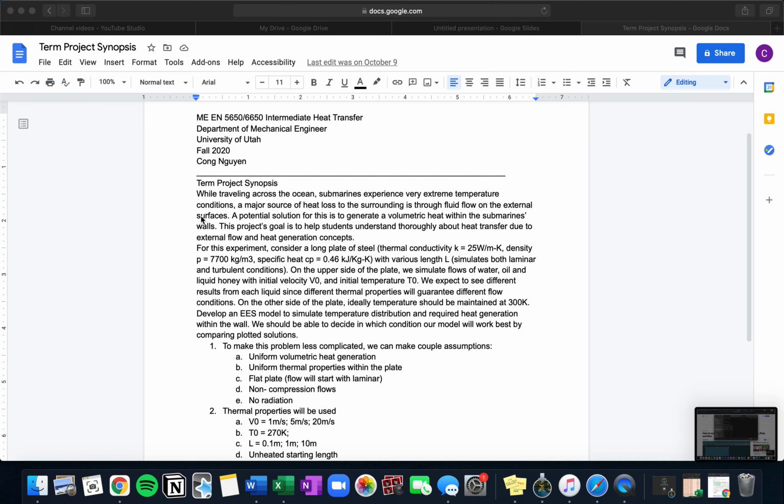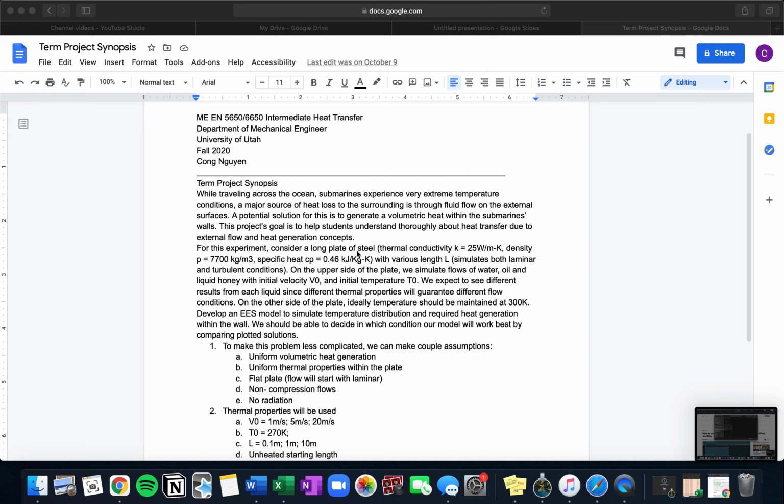So the statement is: when submarines travel across the ocean, they experience some heat loss due to convection on the outer surface and some heat loss due to conduction.